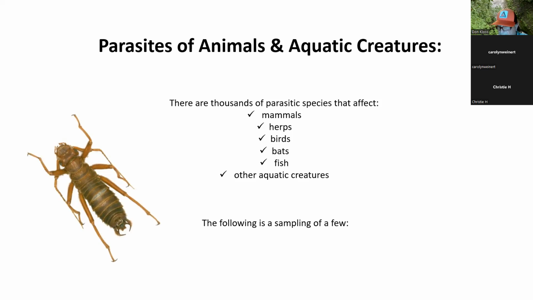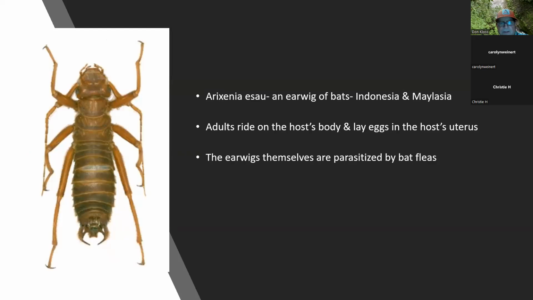From the picture on this page, although we don't have them here, this is the Erexina esau, which I think is interesting. It is an earwig of bats. It occurs in Indonesia and Malaysia only. The adult rides on the host's body, and it actually lays its eggs in the host's uterus.